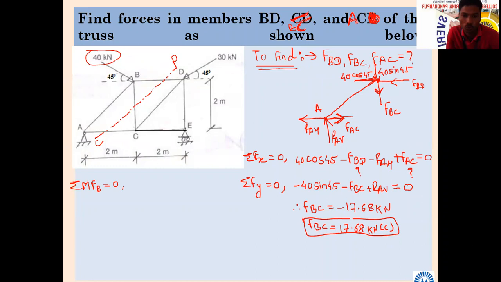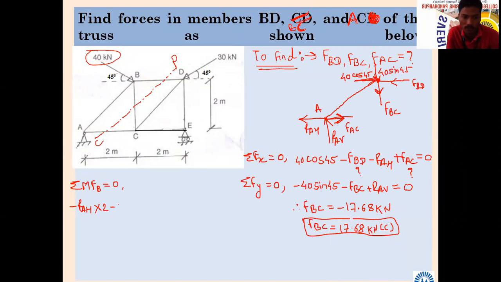So let us say due to reaction RAH, horizontal component of reaction, how object will rotate with respect to point B? Anti-clockwise. So RAH, anti-clockwise. And what is the distance? 2. Then due to reaction, vertical component of reaction A, how object will rotate?